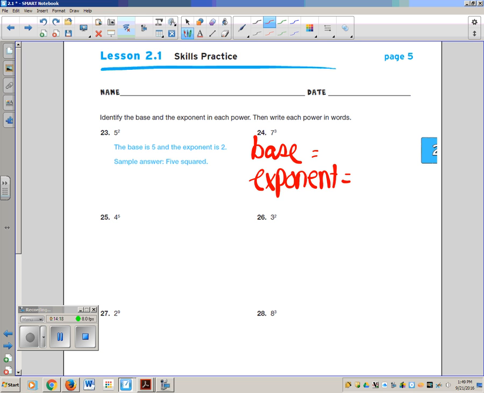Good. The base is 7. The exponent is 3. Marshall, instead of saying 7 to the 3rd power, how else can we say that? When it's 3, not squared, cubed. I want you to write it in words. 7 cubed. That's it.